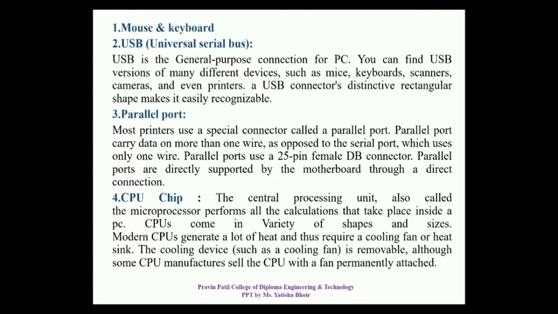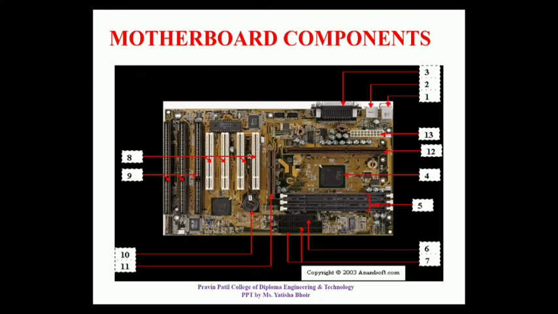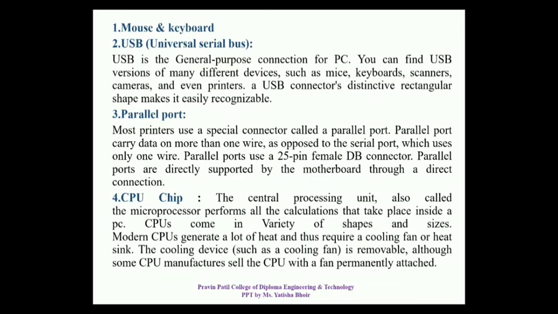Now we all know what USB is, right? The USB slot is used to attach the pen drive and other external storage devices to the computer. So the second arrow indicates the USB slot.